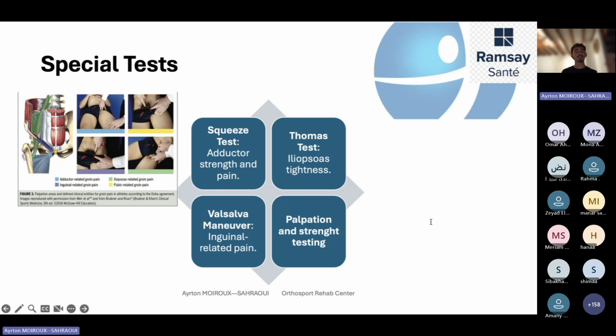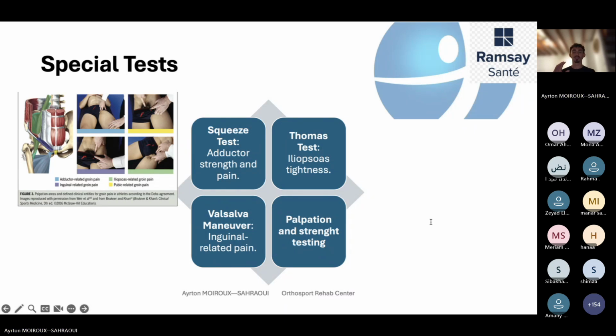If it's more like something that you'll look at as iliopsoas related pain, groin pain, you'll do the Thomas test. Okay, is it positive? Yes, if there's tightness or there's pain, compared to the contralateral side, of course.